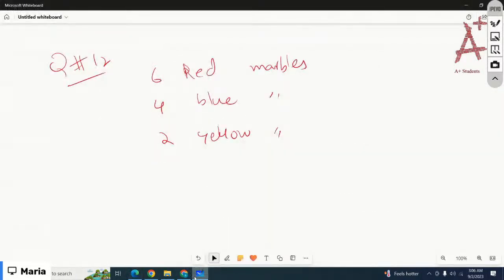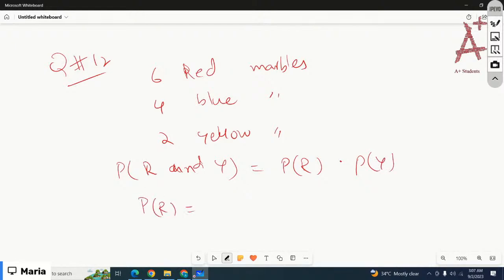Okay, the probability of red and yellow, right? Let's calculate the probability of red and the probability of yellow. The total marbles are 6 and 4, 10, and 2, 12. 12 total marbles, right?